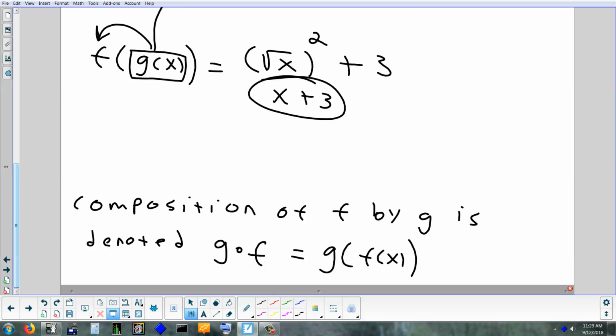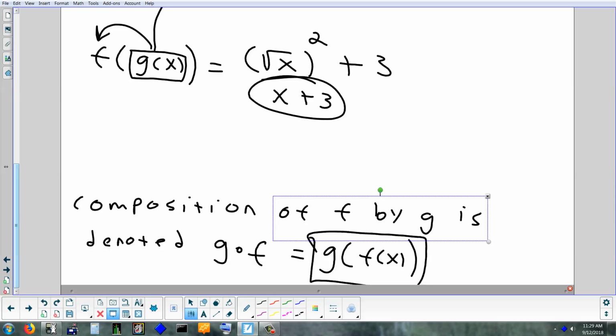So that's why I always use this notation. And then you know f is the inside and g is the outside. But when you write it this way, composition of something by something, it's like the two letters get switched. So you're never going to see me write it as composition of f by g.